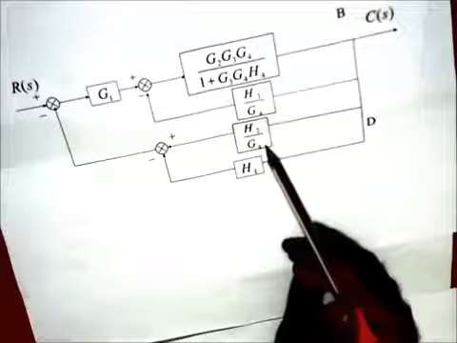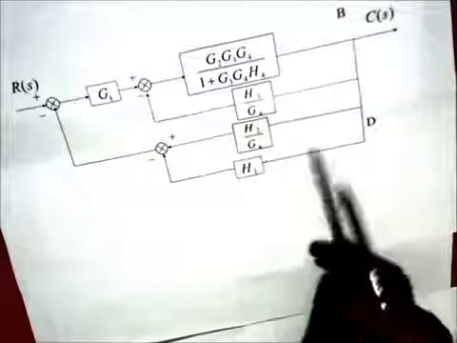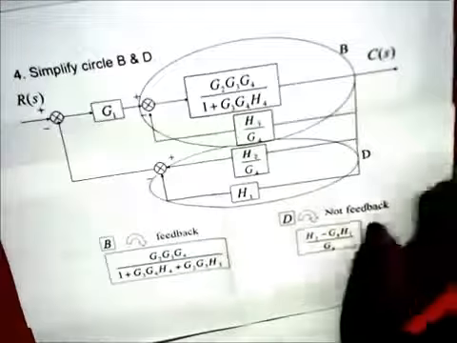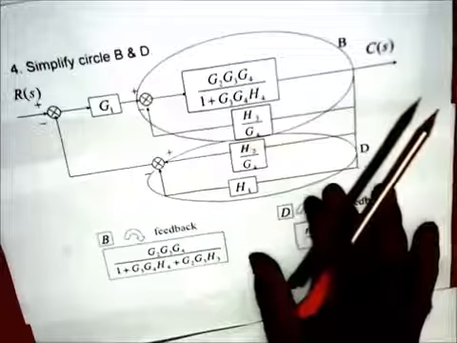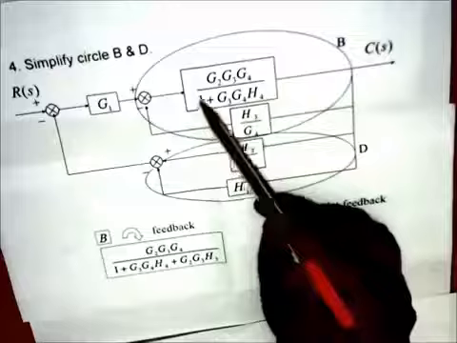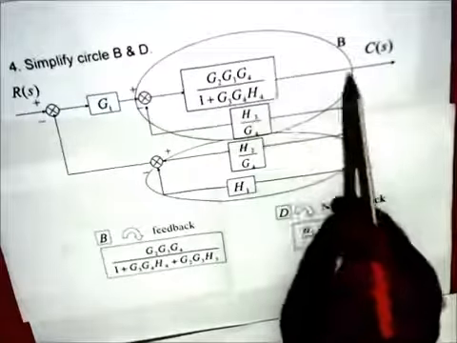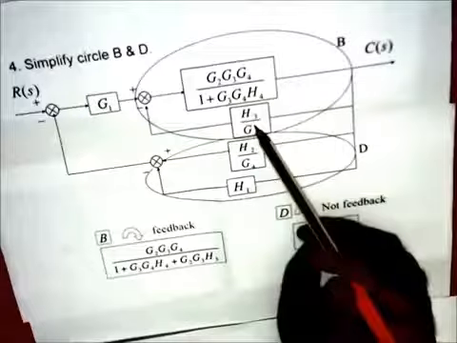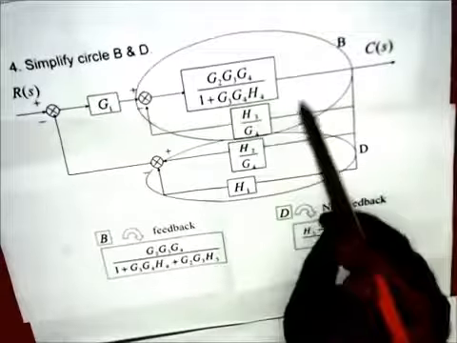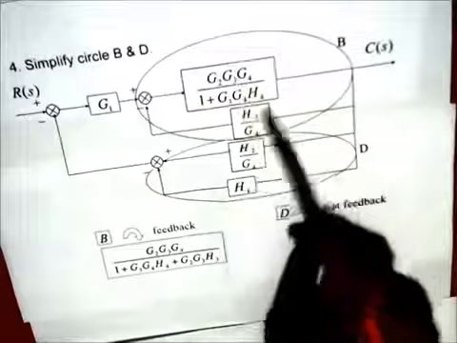So now we go ahead. If we see this path, this is the forward path transfer function and this is the transfer function of feedback elements. So this is a negative feedback system.